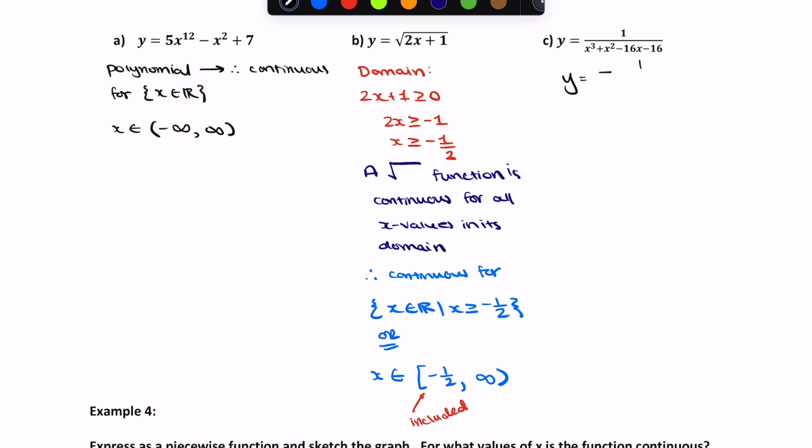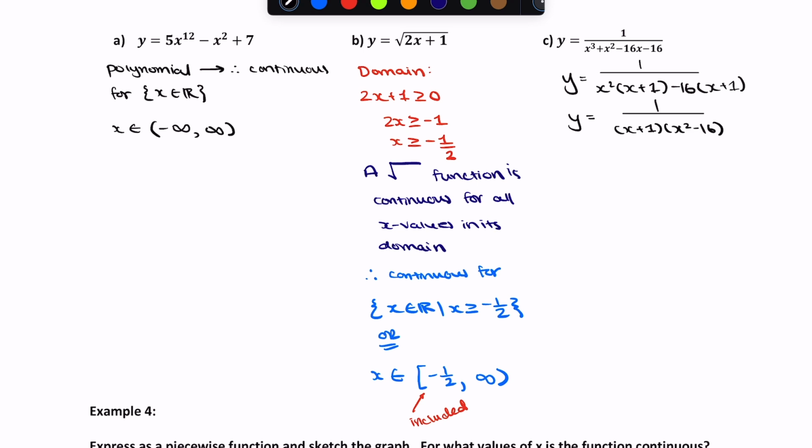So we get 1 over x squared bracket x plus 1. And here, if we factor out a -16, we'll also get x plus 1. And so now we have y is equal to 1 over x plus 1, x squared minus 16.